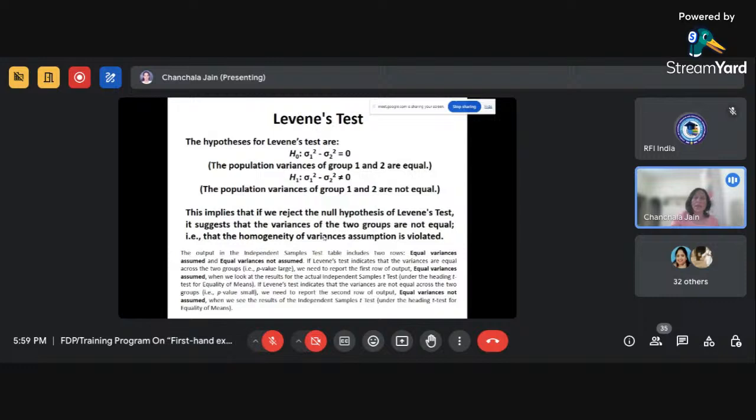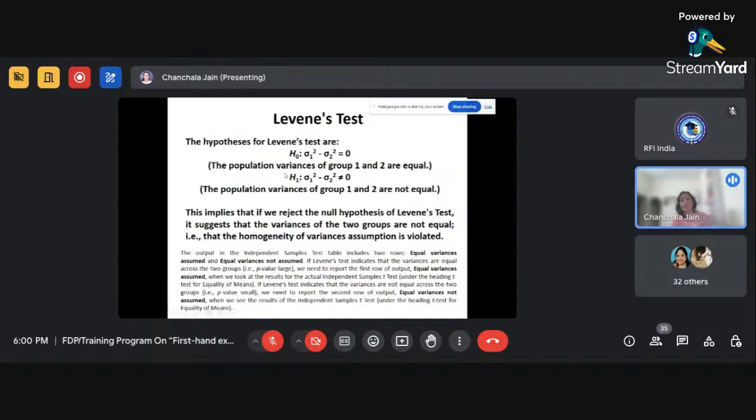Now, talking about the last assumption of the independent samples t-test, that is about equal variance, right? Whenever we are talking about equal variance, we need to have a hypothesis available. For checking equal variance, we are using Levene's test. The null hypothesis for Levene's test says sigma 1 squared minus sigma 2 squared equals 0, or sigma 1 squared is equal to sigma 2 squared.